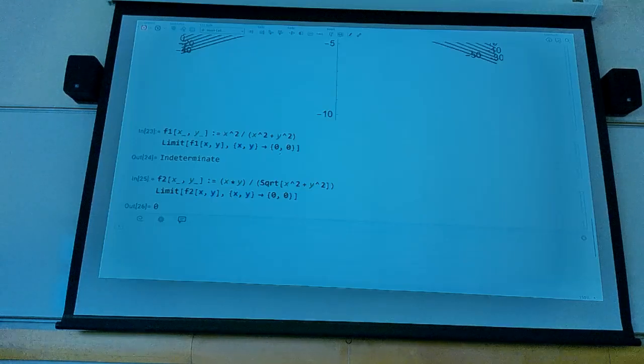Okay, perfect. So it looks like if it spits out indeterminate, there's a very high likelihood the limit doesn't exist. So then you just have to explain why it doesn't exist. Because that second limit should also give you indeterminate form, but it actually told me it's 0.